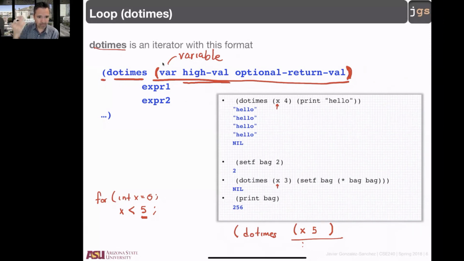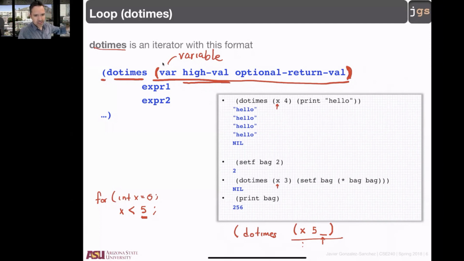Now, optional, you can add one more thing here to make 3 elements inside of the parentheses. Which elements? Well, do times is a function. Do times is going to return something. What? Whatever you put here. Whatever you put there is going to be the return value of the function do times. Did you notice?